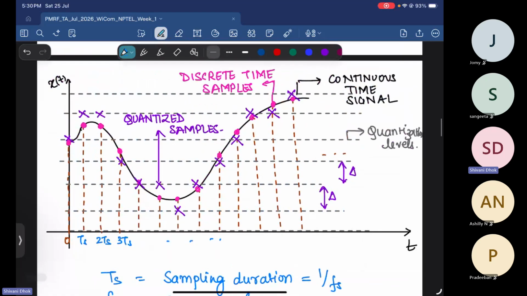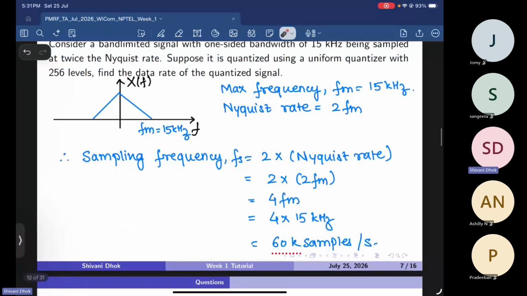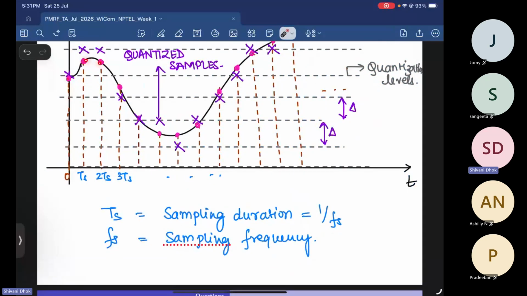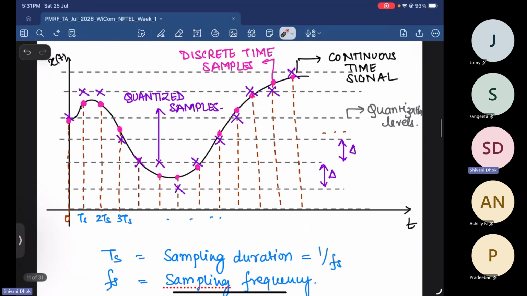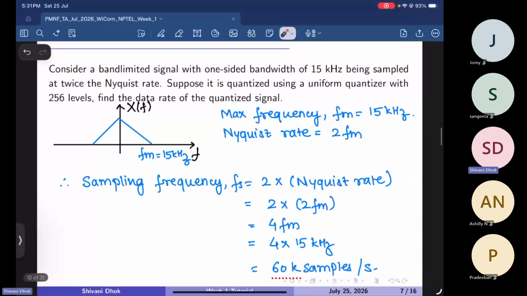Now let's go back to this diagram. Sampling at one instant gives you one sample, and at a second instant gives you another sample. So when you say that you are getting 60,000 samples per second, it means that in 1 second you get 60,000 such pink circle markers. Each of these pink markers is associated with one quantization level.